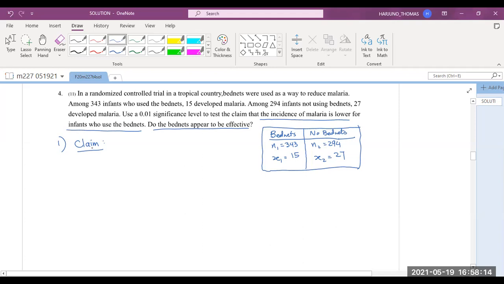Let me use the one that says to test that the incidence of malaria is lower for infants who use bed nets.